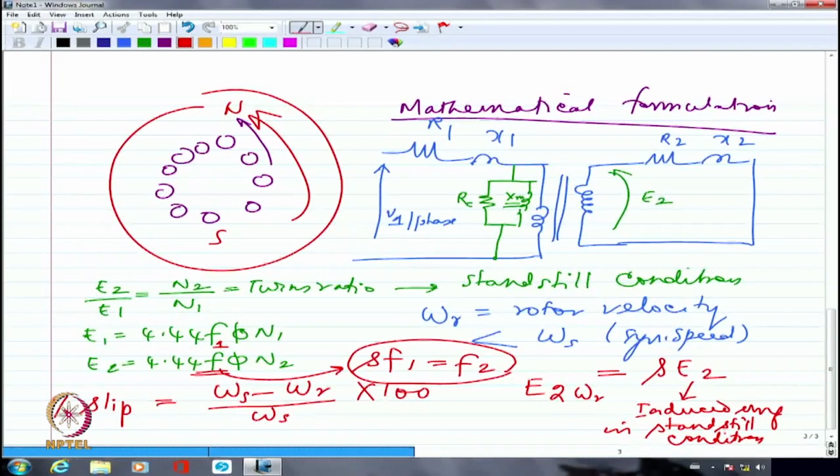You guys have seen that, right? Because omega r is also in the same direction. So omega s minus omega r divided by omega s, I am going to have the slip to be very, very small. Most of the time, if the induction motor is on no load, not loaded at all, the slip will be as meager as 1% or 2%. Nothing more than that.